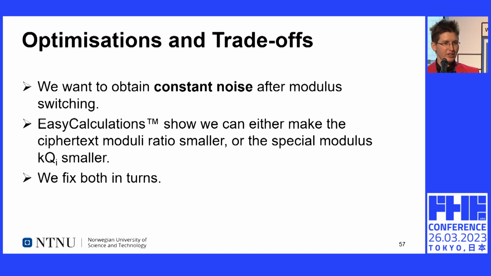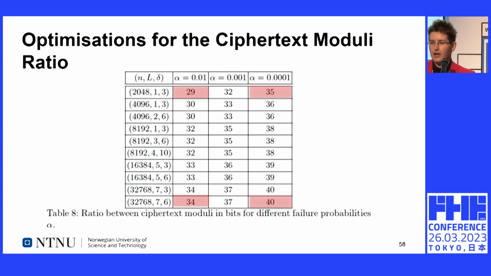We fixed both in turn and saw what this gave us in optimizations for the respective other one. In HElib, the smallest possible ratio between the ciphertext moduli can be 36 bits, but we looked at over 20 parameter sets and never observed in practice a ciphertext moduli ratio that is smaller than 54 bits.